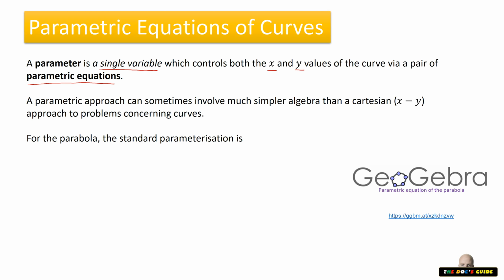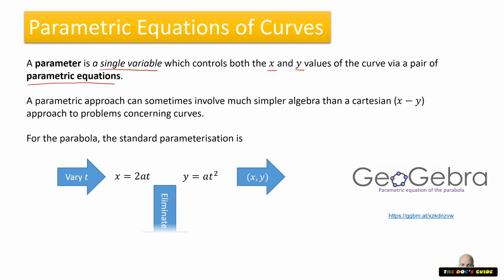Now there are all sorts of parameterizations which are possible, but there's a standard one, and that is x equals 2at, y equals at squared, where a is the focal length, just as previously, t is the parameter, so as we vary t, what we end up with are the pair of x and y values. Now also, if we eliminate t from these equations, which I guess in a way we would say is the same as solving them simultaneously, what we get is the Cartesian equation, x squared equals 4ay.